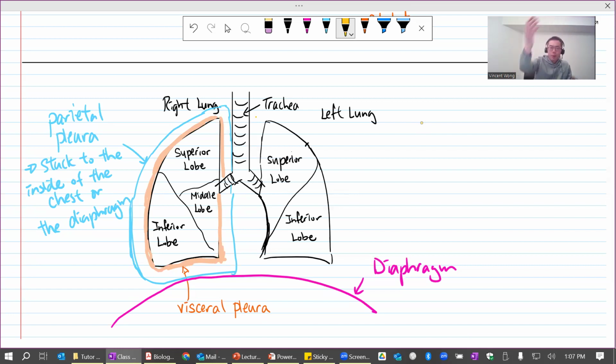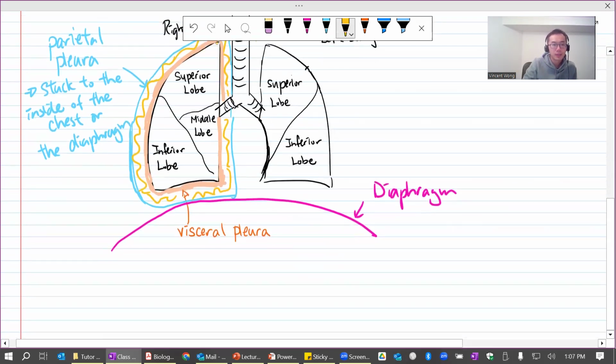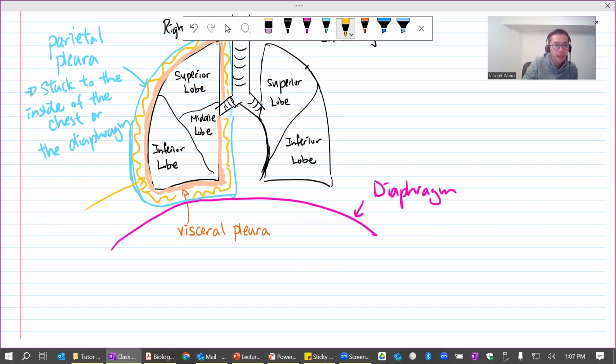Okay, you probably can guess there is some fluid, right? In between, just like the heart situation, there's some fluid here. This fluid is called the pericardial, sorry, that was for the heart. We're talking about the lungs now.